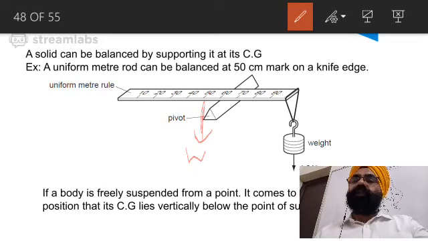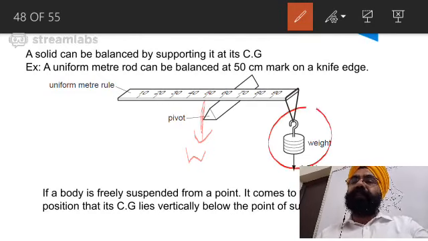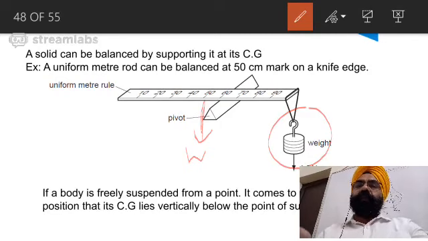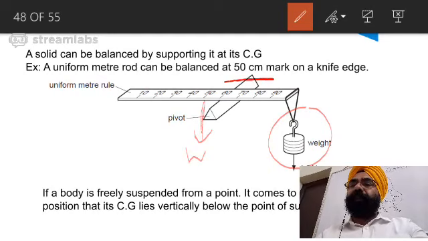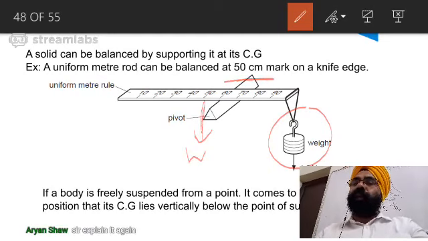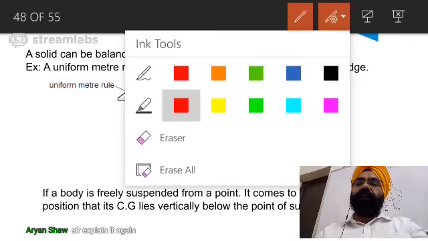To balance it, I need something which can counterbalance it by creating a clockwise movement, so we bring in these weights. We have done numericals like this, right? So a uniform meter rod can be balanced at the 50 centimeter mark. A half a meter rod can be balanced at the 25 centimeter mark, and so on. It will always be the middle.